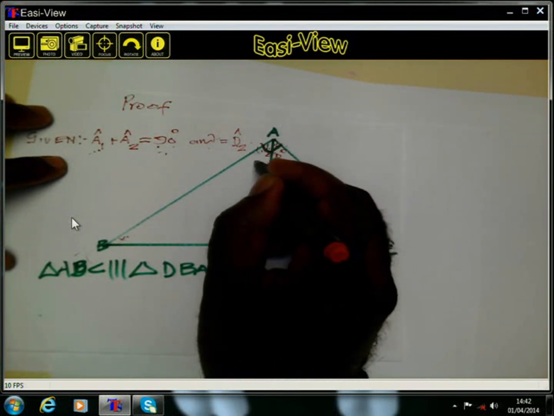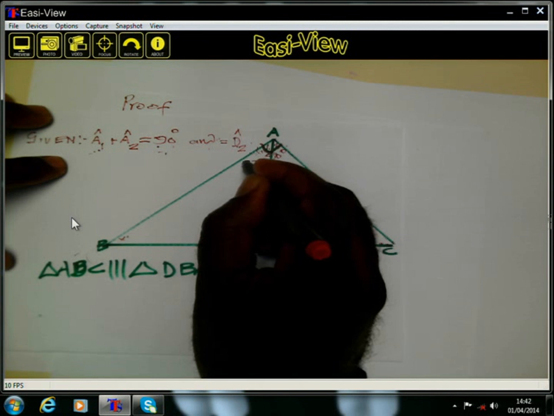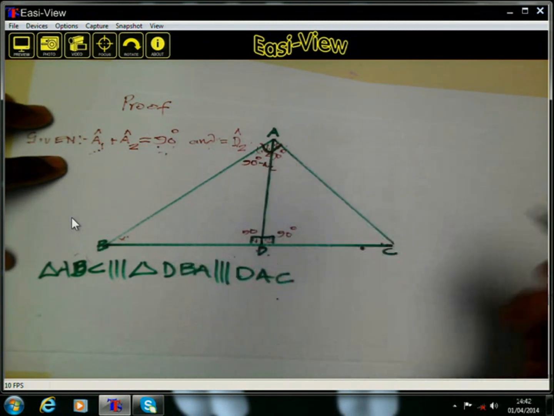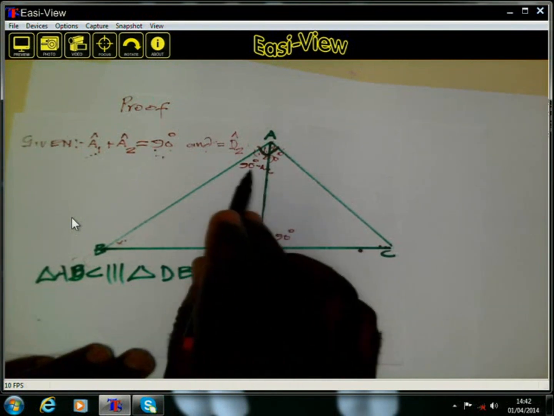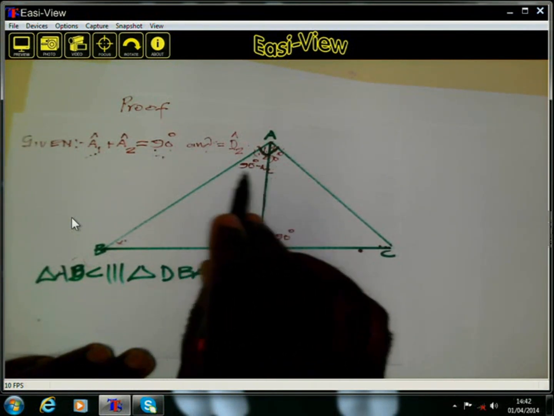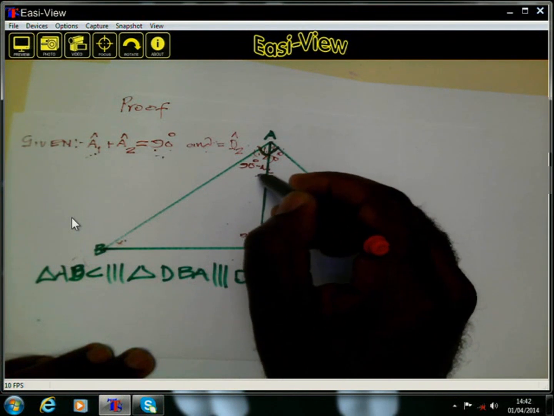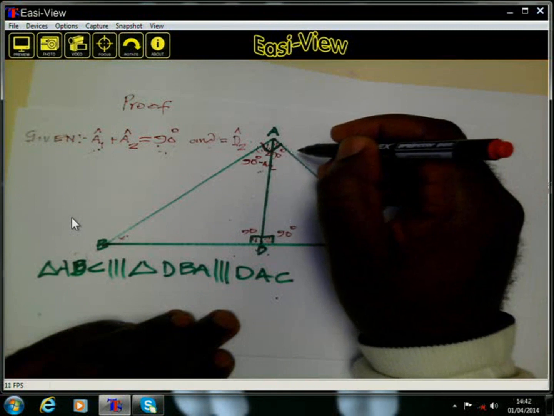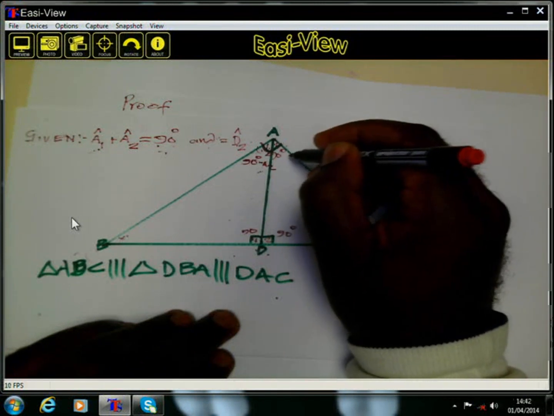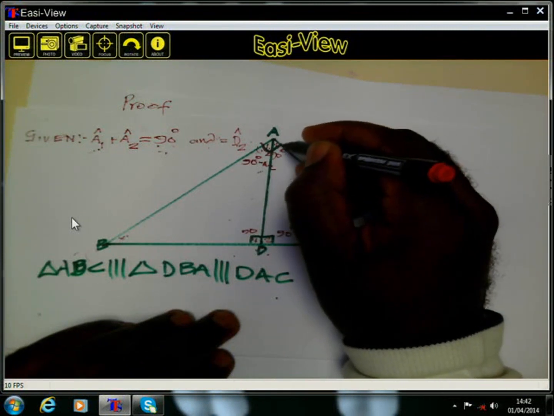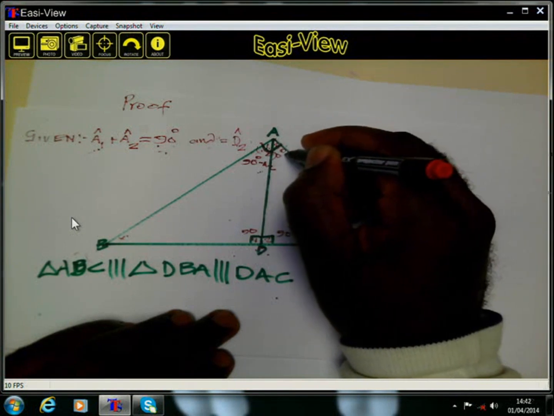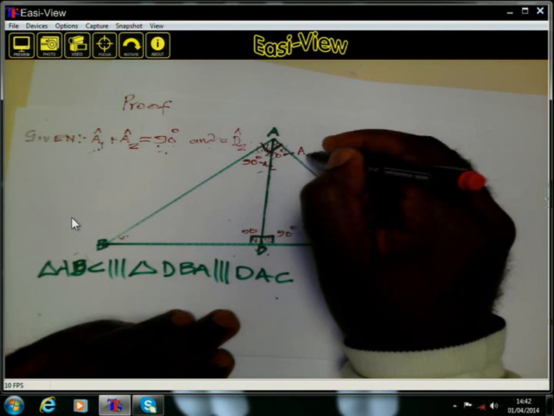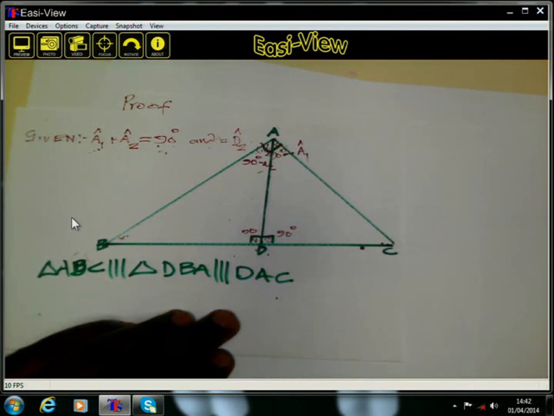It will be 90 minus A2, which I can always write as 90 minus X. And also for this one, D2 will be equal to A2, which will be equal to 90 minus A1.